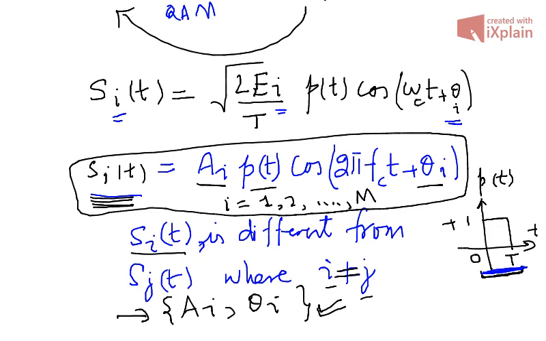Now Ai and theta i, right? The amplitude and the phase. So each Si has a unique amplitude Ai and theta i.